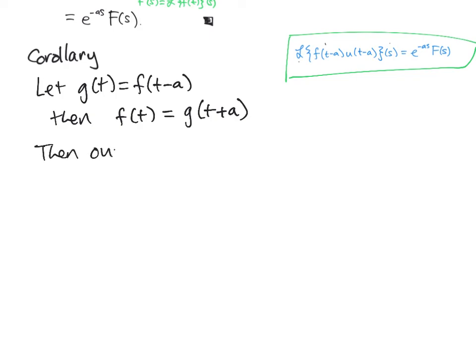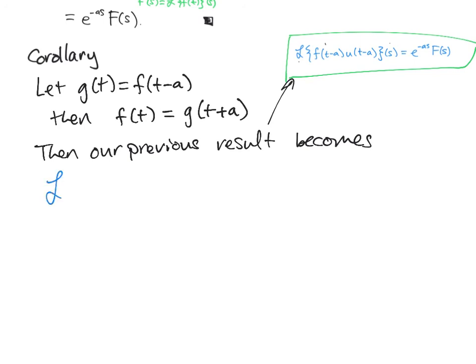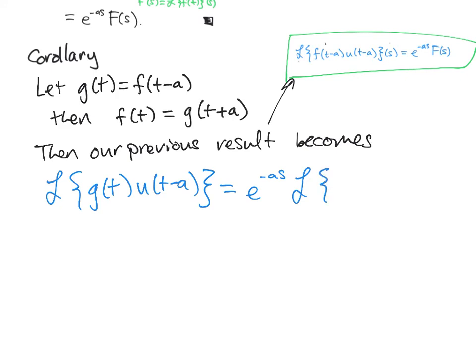Okay, so then our previous result becomes, the Laplace transform of g of t times u of t minus a equals e to the negative as times the Laplace transform of, so what we had here was big F of s, which is the Laplace transform of regular f, which is g of t plus a.